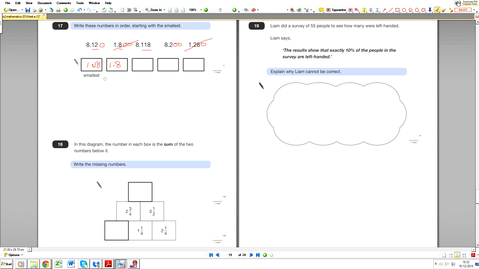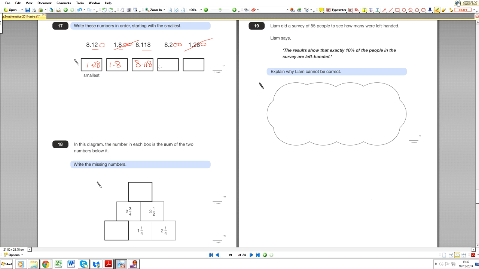After 1.8, all the numbers are in the 8s now. We have 8.120, 8.118, and 8.200. So the next one up is going to be 8.118, because 8.118 is smaller than 8.120, 118 and 120, if you look at the last 3 digits.